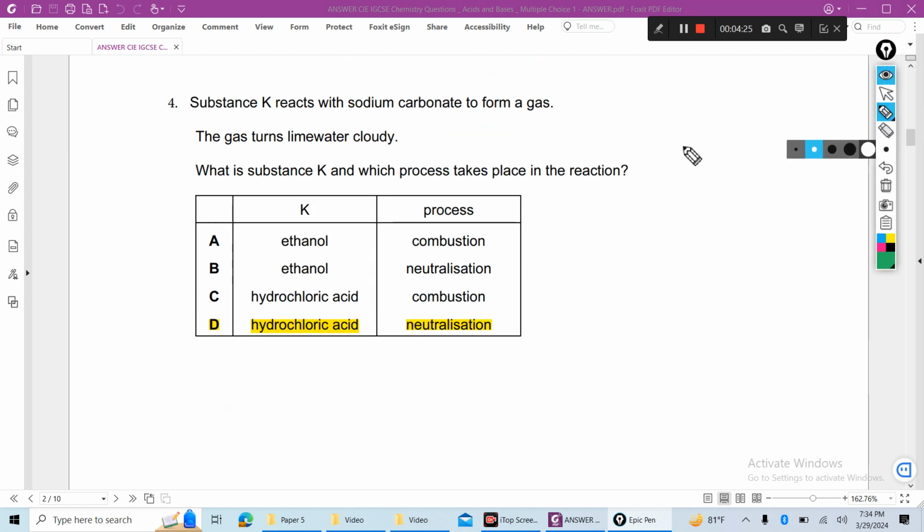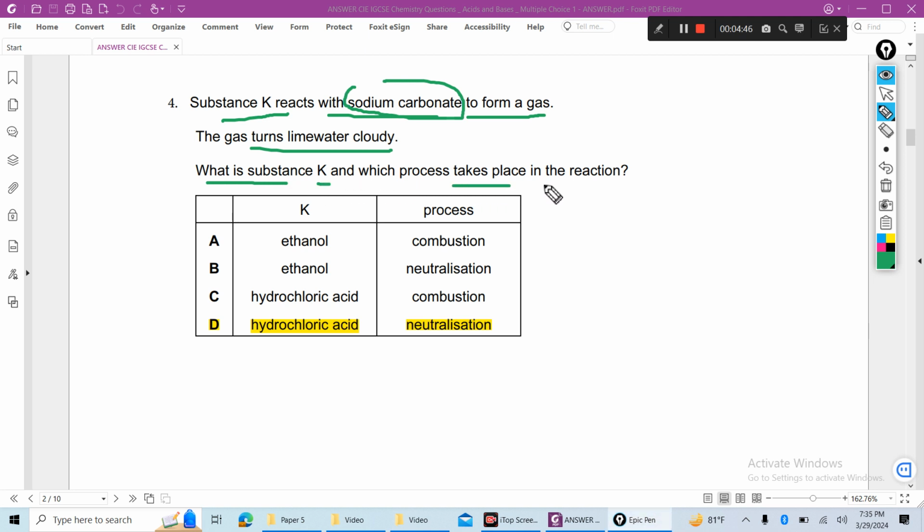Number 4. Substance K reacts with sodium carbonate to form a gas, and the gas turns lime water cloudy. You know carbon dioxide gas turns lime water milky or cloudy. What is substance K and which process takes place in the reaction? So K is hydrochloric acid.